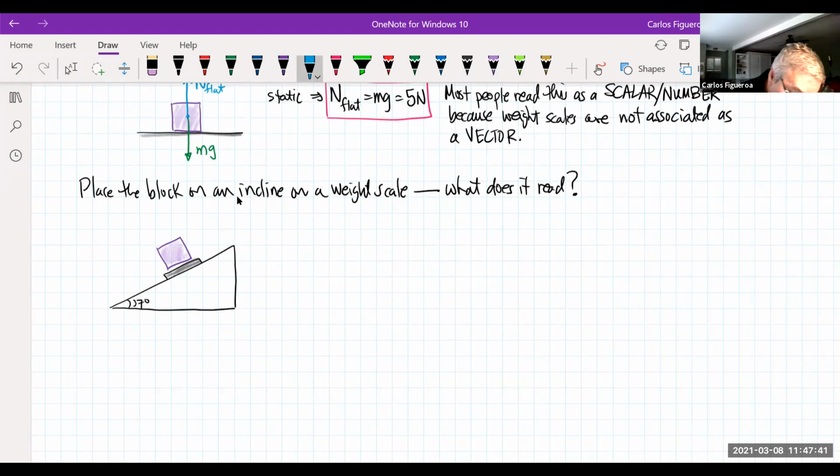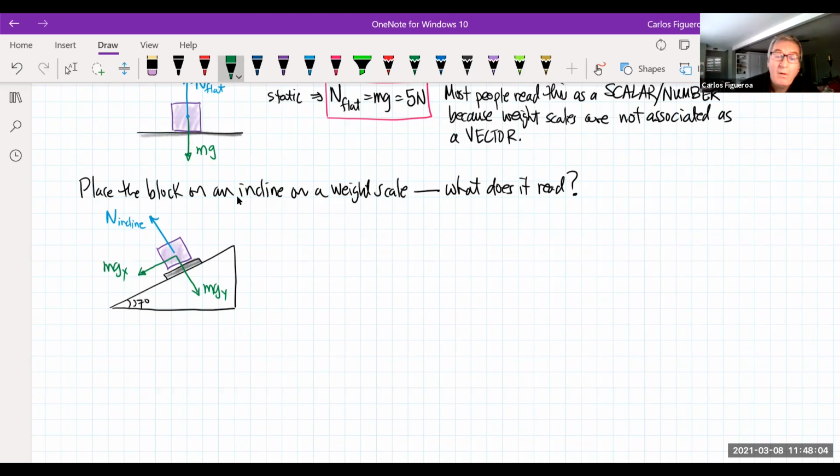So now the normal is different, because we know that the normal has to handle what? It has to handle mgy. And there's also an mgx component.